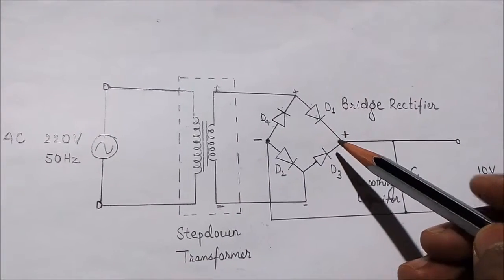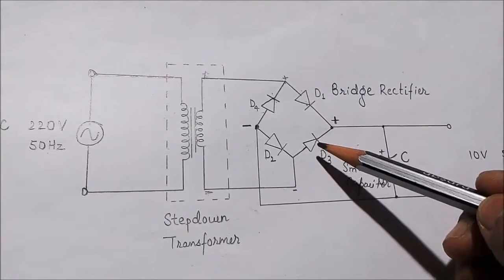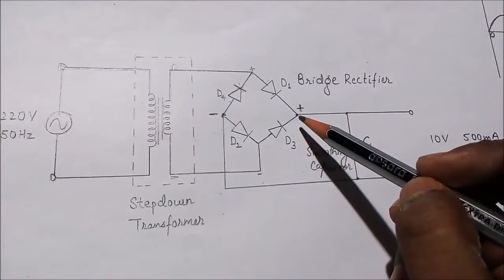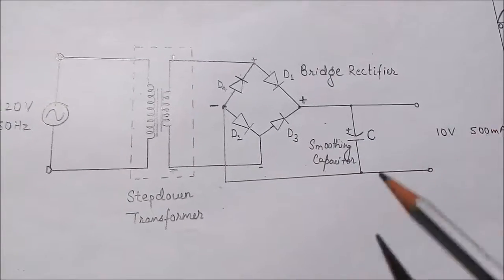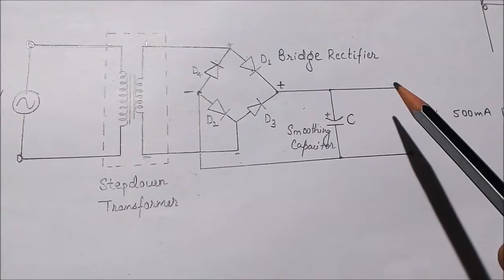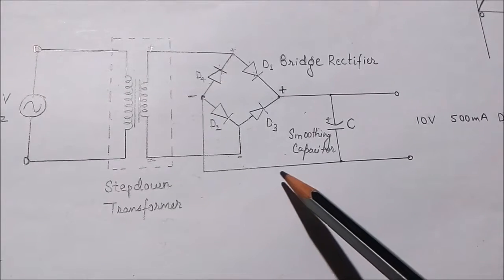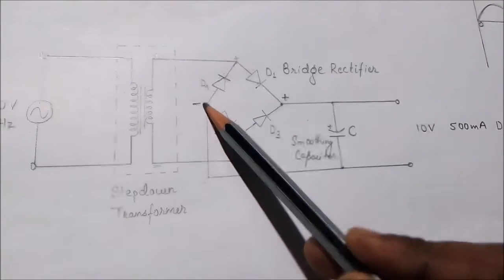As it comes here, the diode D3 will be reverse biased, so the diode D3 will not allow current to pass through it. So the current flows through the load and comes to the negative terminal, and as it flows, the current comes here.